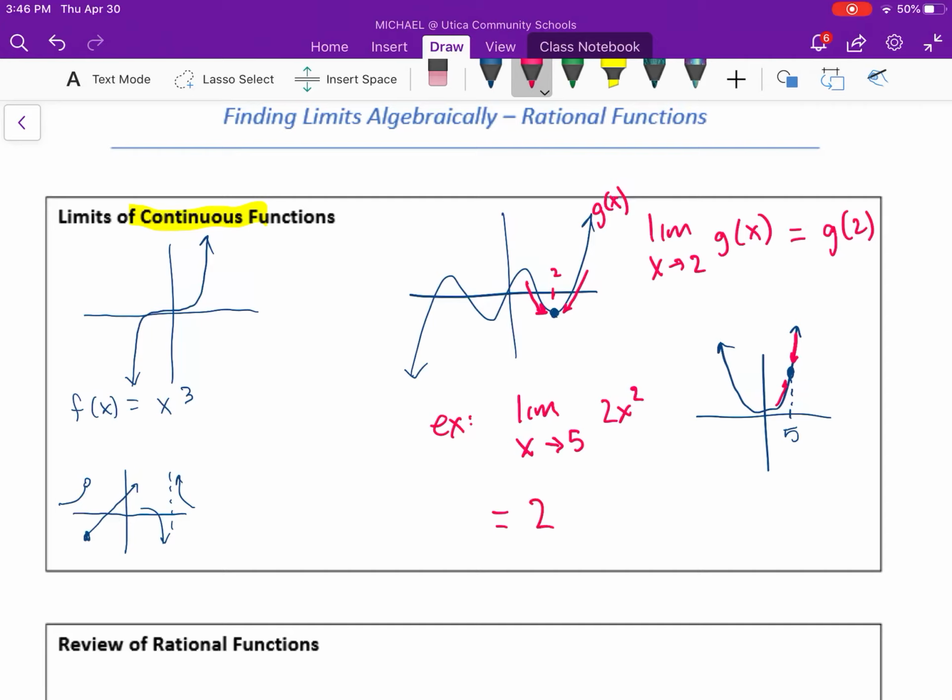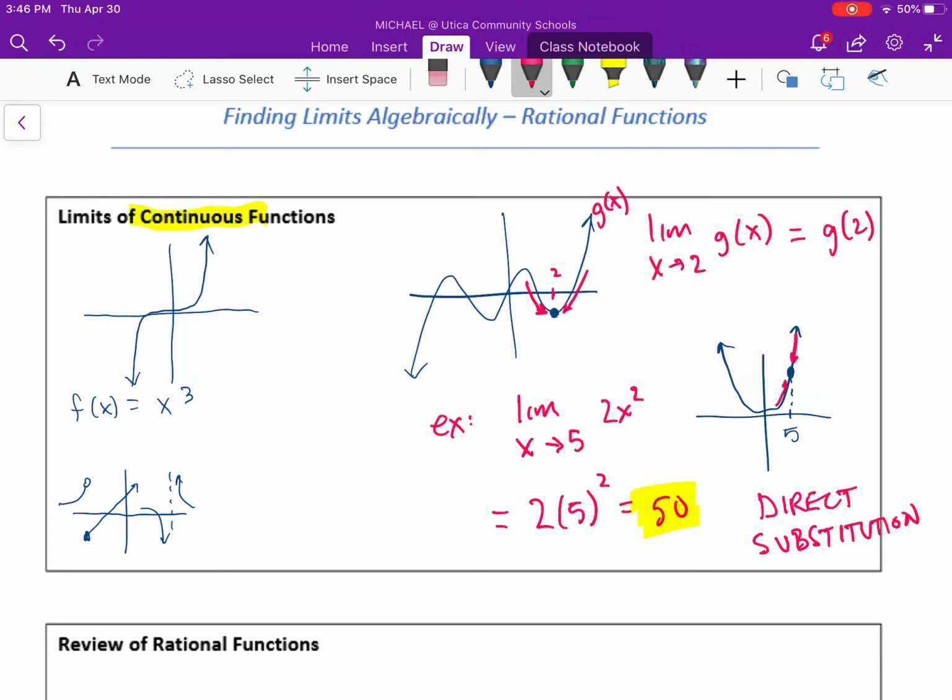So the limit is going to be 2 times 5 squared, which is 50. And that is what we call direct substitution.